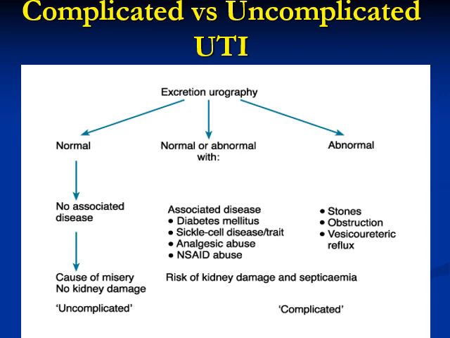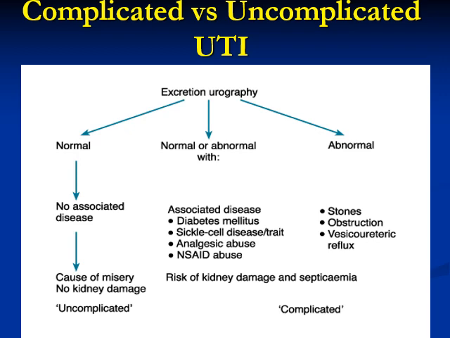And even if there is no abnormality in the excretory urography, but there is a systemic disease that predisposes to infection, such as diabetes mellitus, sickle cell disease or trait, or analgesic abuse, this is also considered a complicated urinary tract infection.